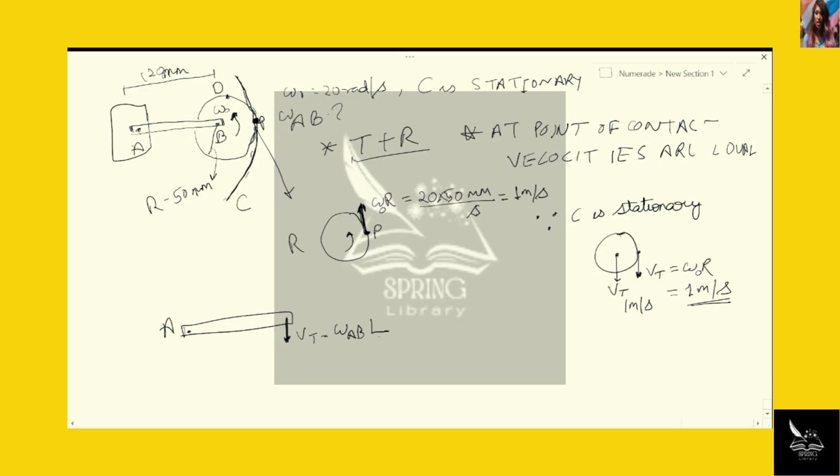times L, the length of this rod, since rotational velocity is always omega cross r. This is going to point perpendicular, because the cross product is perpendicular to omega and r. This is our r vector from point A to point B, so it's perpendicular to the r vector.